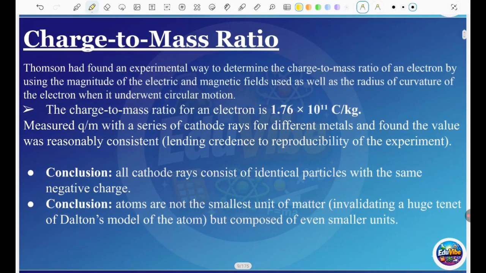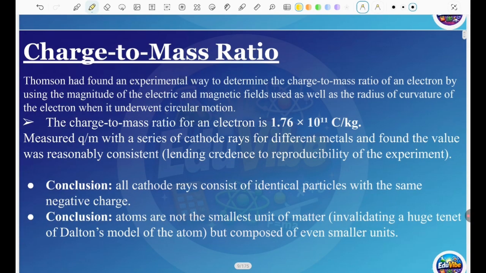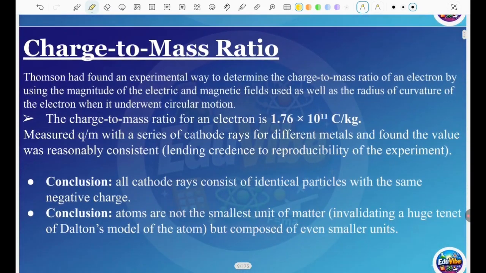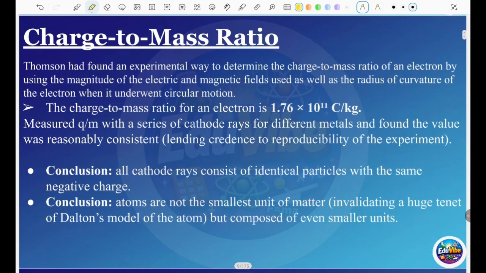So firstly, something you have to know again from Thomson. Thomson found an experimental way to determine the charge to mass ratio of an electron by using the electric field and the magnetic field, as well as the radius of curvature, r, of the electron when it underwent circular motion.